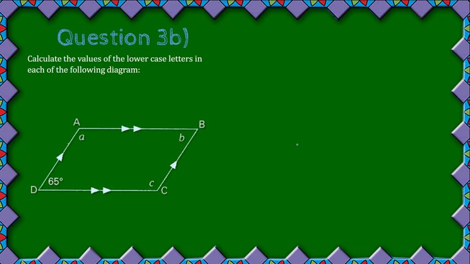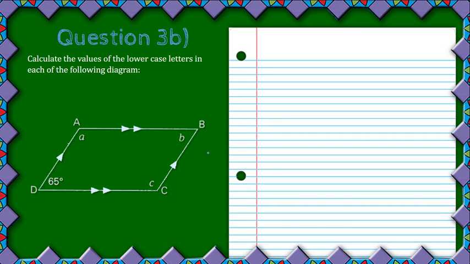Question 3b, calculate the values of the lowercase letters in each of the following diagrams. All right, A, B, and C. Now we see that with this, both opposite sides are parallel to each other. This means it is a parallelogram. And first of all, let's start with A, and since these two are inside two parallel lines, this will be co-interior angles. So I know that they add up to 180.